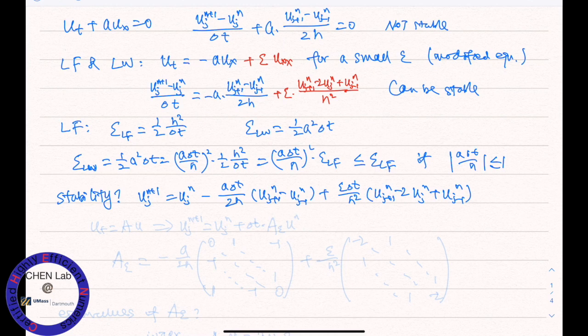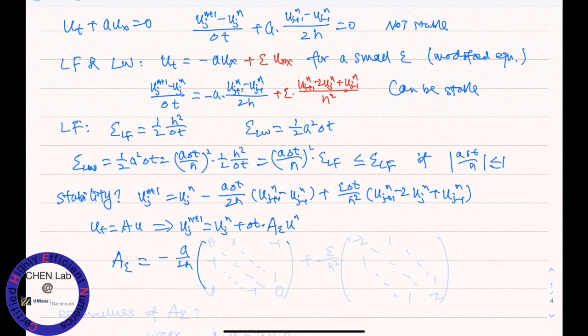So we're going to have u_t equal to something like A u, which means our u^{n+1} is equal to u^n plus delta t times A_epsilon u^n. Part of this A_epsilon we did already: it is going to be negative a over 2h.